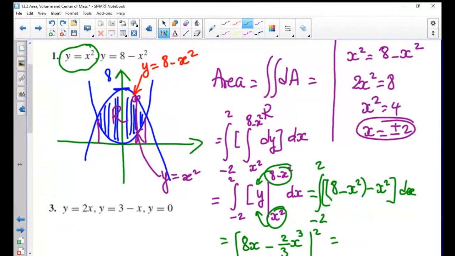So from this minus 2 to 2. And with respect to y, we're integrating from this parabola to this parabola. So from x squared, the bottom one, to 8 minus x squared, the top one.